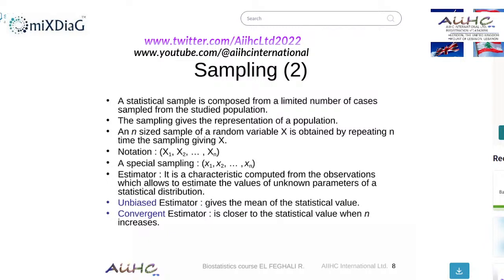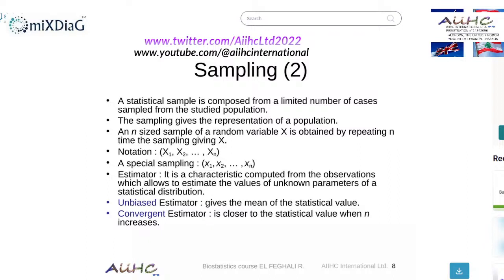A convergent estimator is closer to the statistical value when n increases. So a convergent estimator will, in fact, just tell you that an unbiased estimator can become a convergent estimator when n increases, which means, in fact, if you have 1,000 observations, it's much better than to have 100.